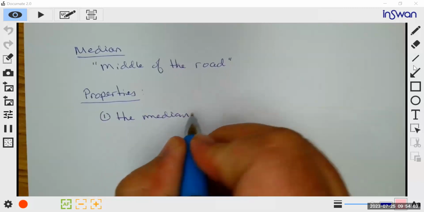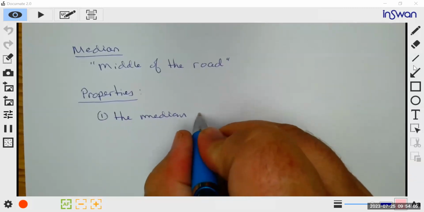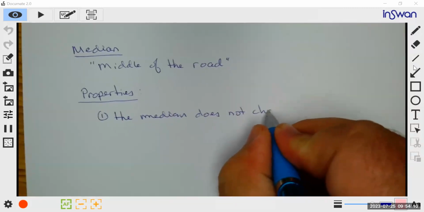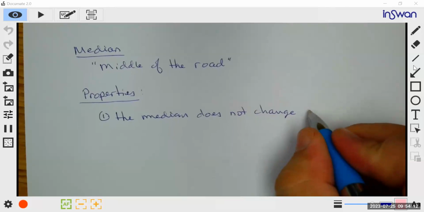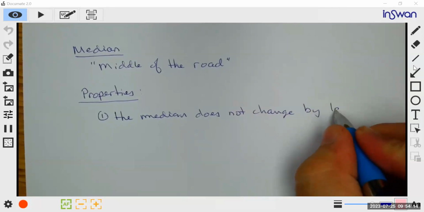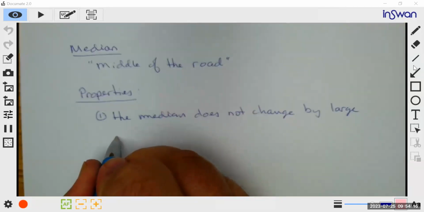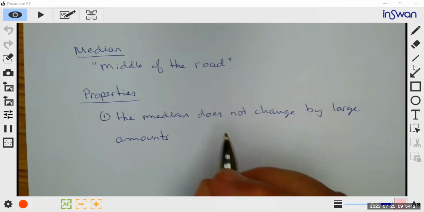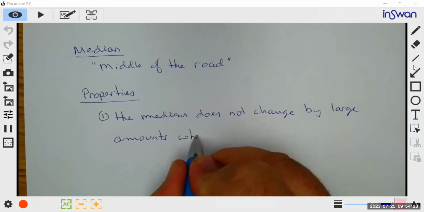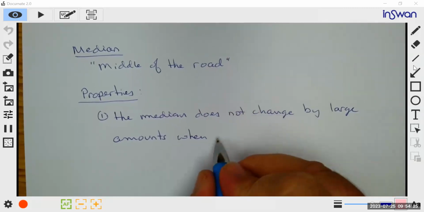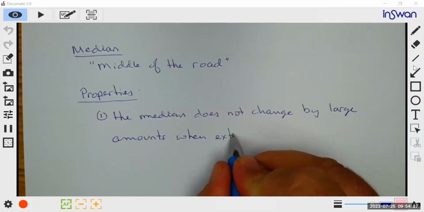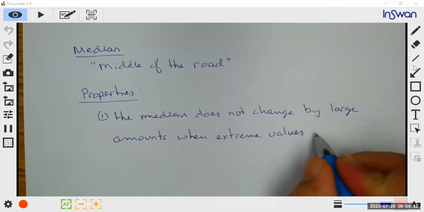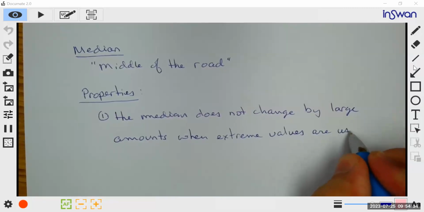The median does not change by large amounts when extreme values are used.